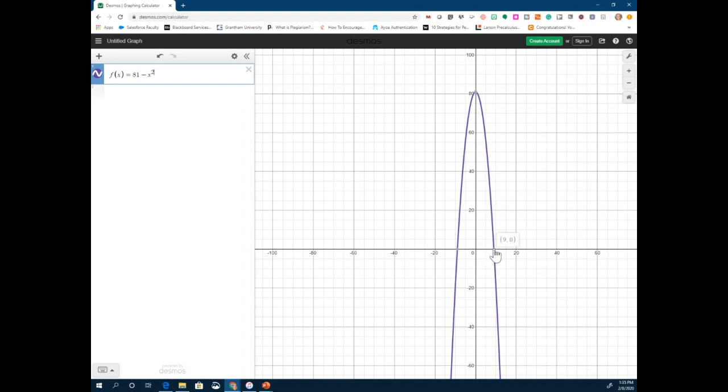Because those had odd multiplicity, it crossed and went through. It didn't bounce off those points. Our degree was 2, so the maximum number of turning points is 1, and you can see there's only one spot where the graph turns and changes direction.